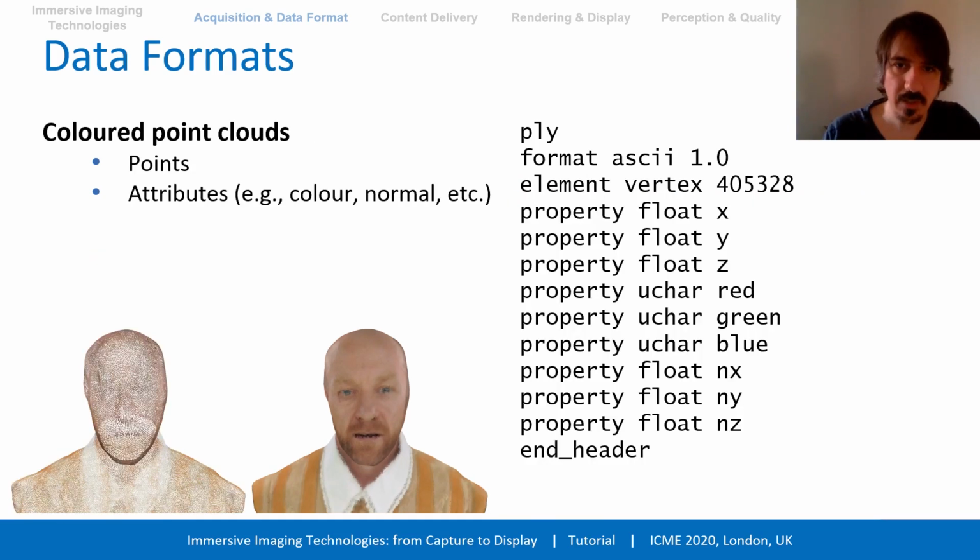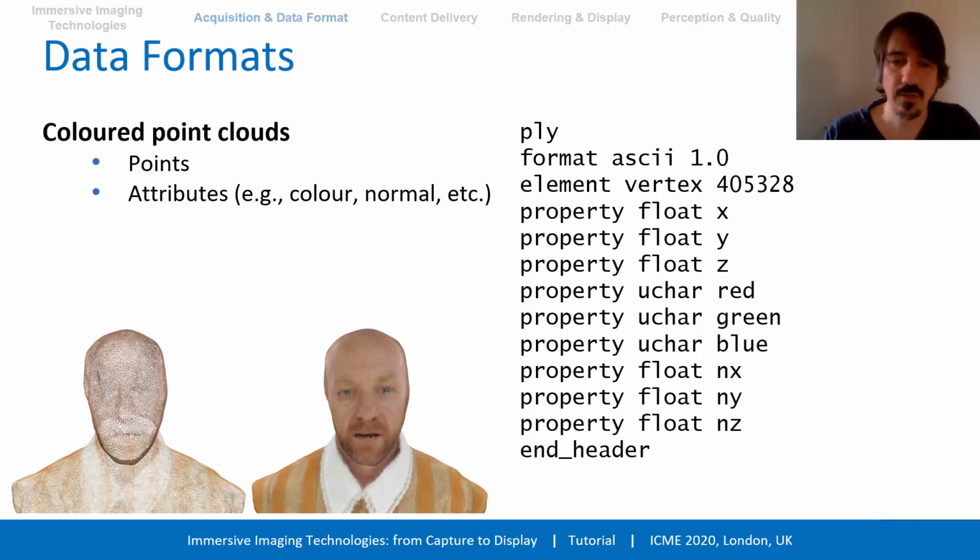For colored point clouds, each point's 3D coordinates in space are stored, sometimes along with some attributes. Obviously, for a colored point cloud, we need the color information, but it can also be the normal vector for each point, for example. In most cases, the Stanford PLY format is used to represent colored point clouds. And here we have an example.